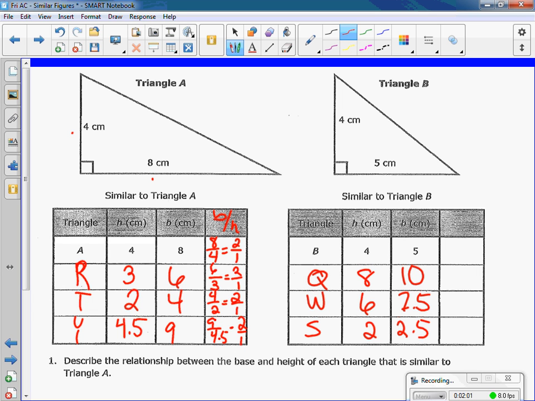And again, I'm going to look at the ratio base to height, and I get 5 over 4, 10 over 8, which simplifies to 5 over 4, 7.5 over 6, which you may actually have to do the division to figure out that this is 1.25, which is the same as 5 over 4. And then the last one is 2.5 over 2, which again, you may have to do the division to figure out that this is 1.25, and you get 5 over 4.